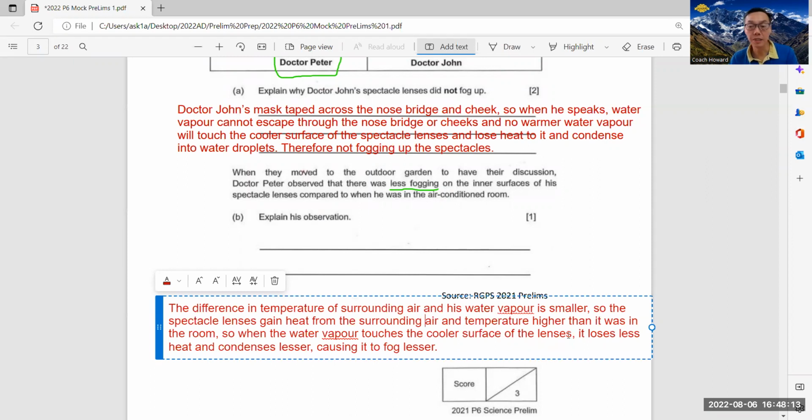So the spectacle lens gains less heat from the surrounding.